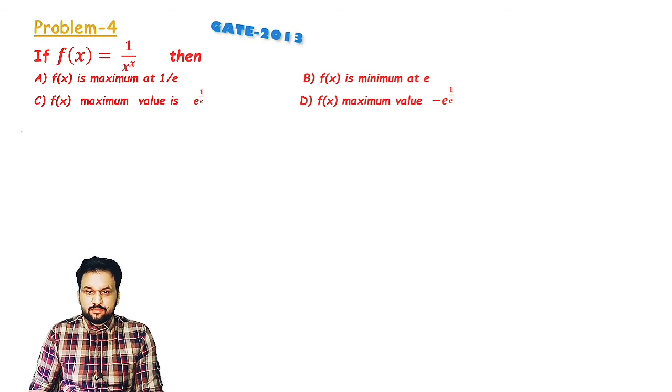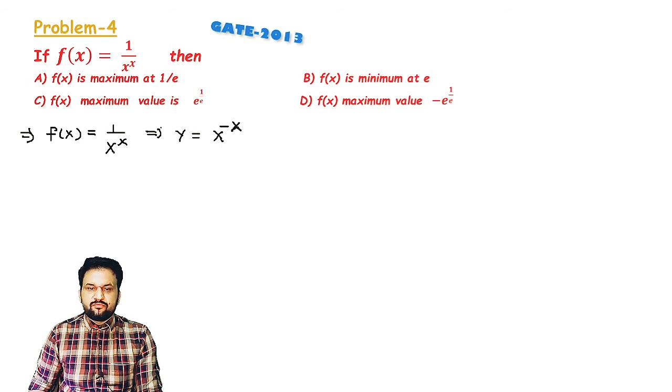So first of all, you have a function, the value of the function is 1 by x raised to power x. I can consider this function as y. So y is equal to x raised to power minus x. Can I write x raised to power minus x? No problem.